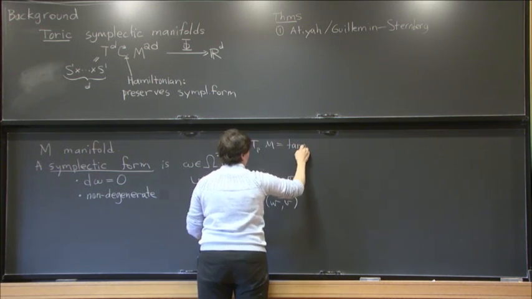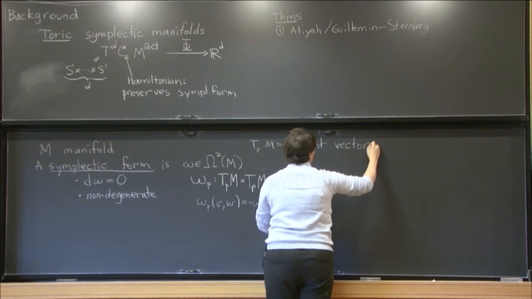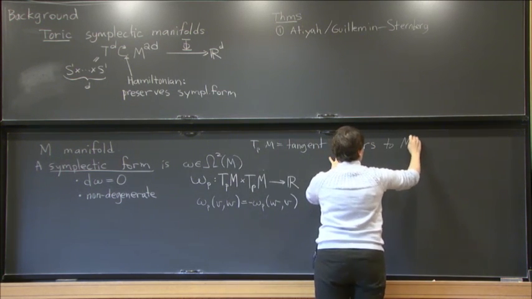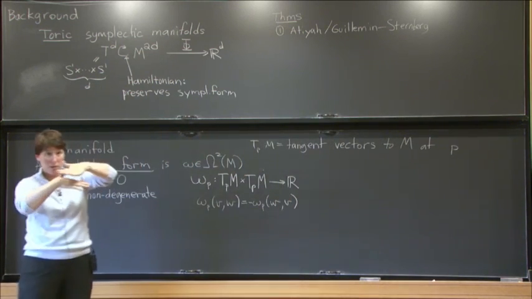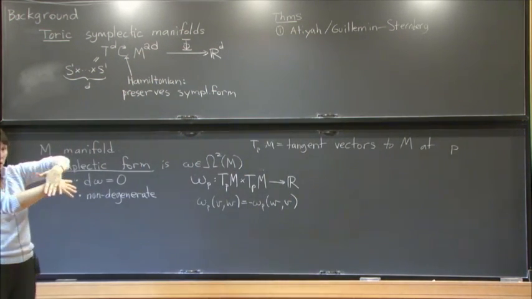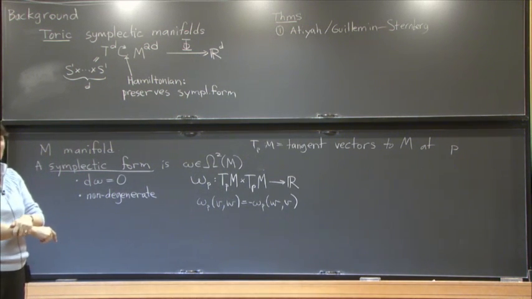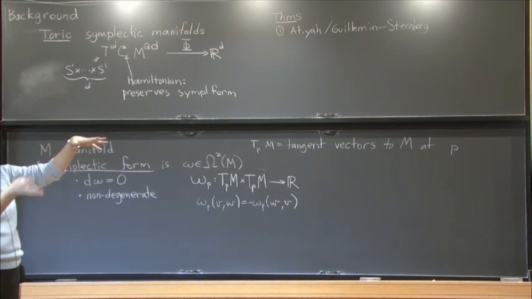Well, that's the first question, actually. The tangent space is some linear vector space. So I have a manifold, and the tangent space is a linear space. It's some subspace of R^n, if I think of my manifold as embedded, or if I have local coordinates.